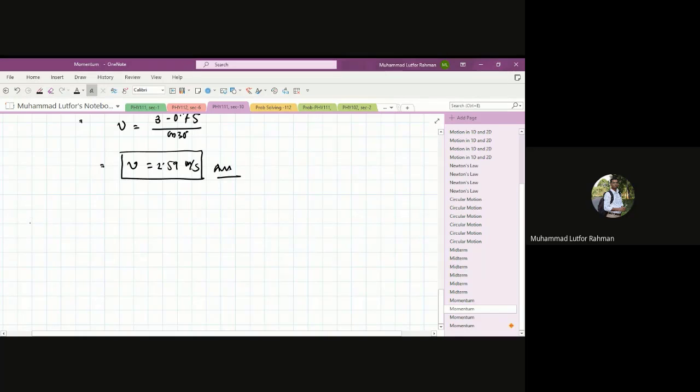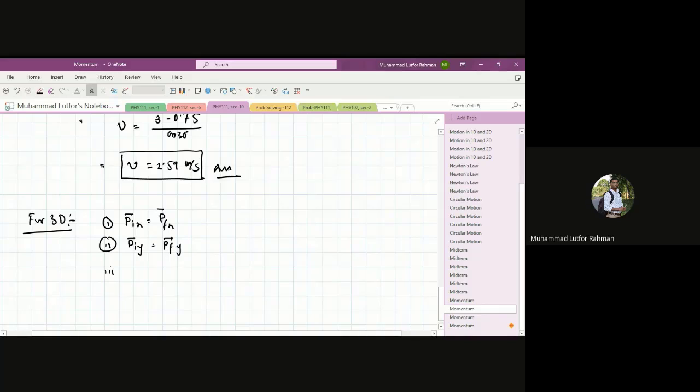Say for 3D, I'm not going to do any problem from 3D. In that case, you'll find three conditions. One would be PIX must be equal to PFX. Your second condition would be PIY must be equal to PFY.